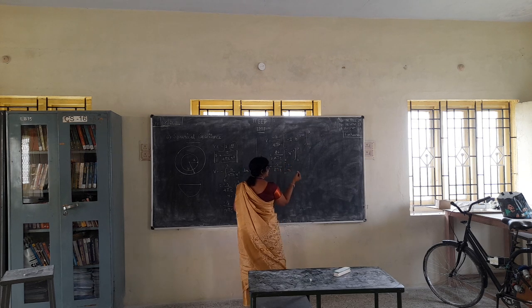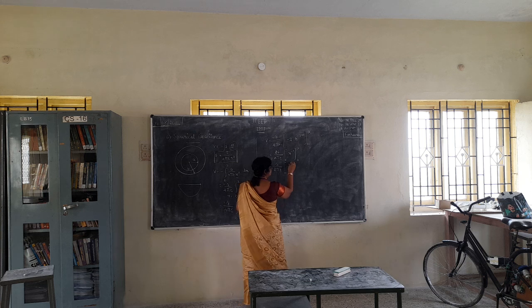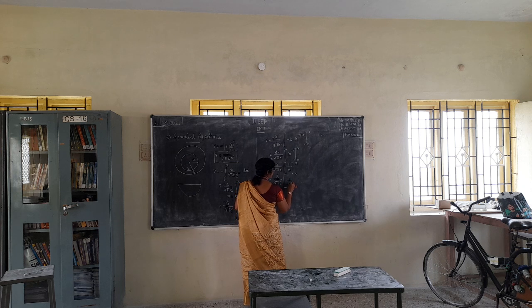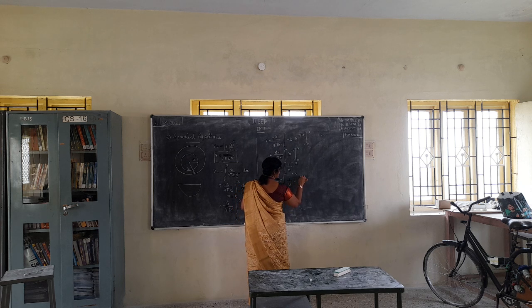This can be rewritten as 1 by r, limit b to a. So V is Q divided by 4 pi epsilon into 1 by a minus 1 by b.